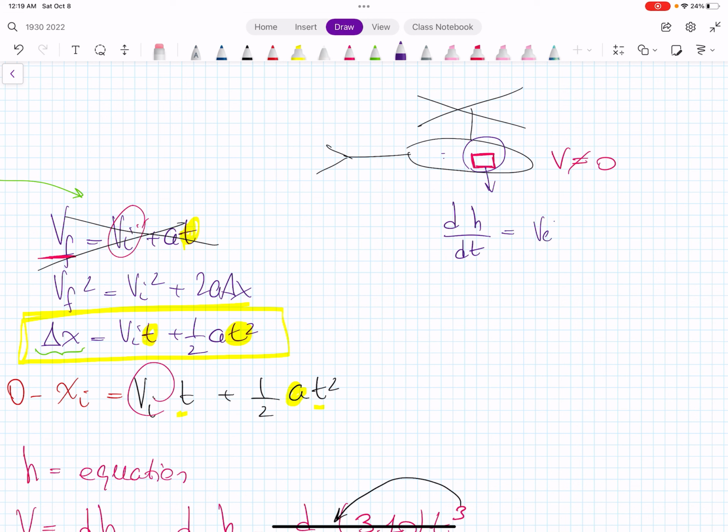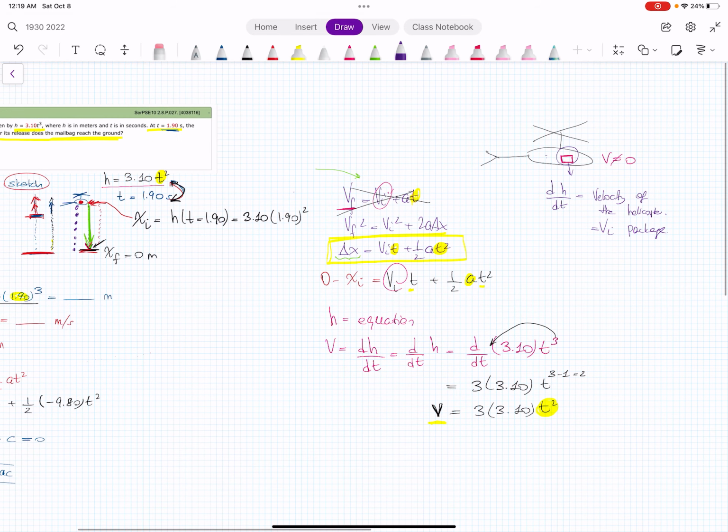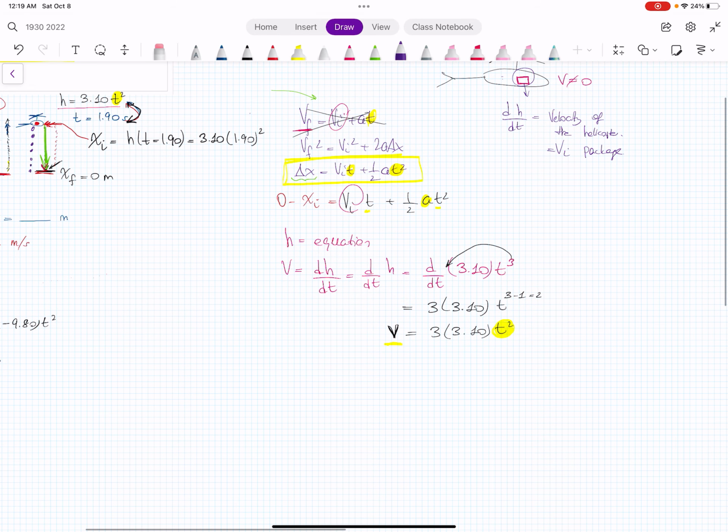Okay? Since the package is inside the helicopter, the velocity of the helicopter is also equal to the initial velocity of the package. So plug in your time, get your initial velocity, plug it back into the equation, and you solve for the time.